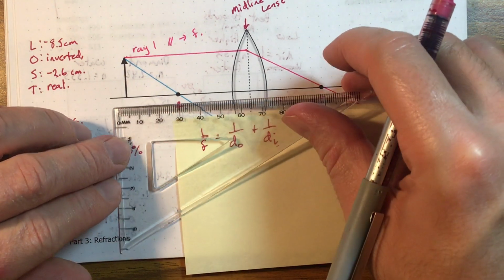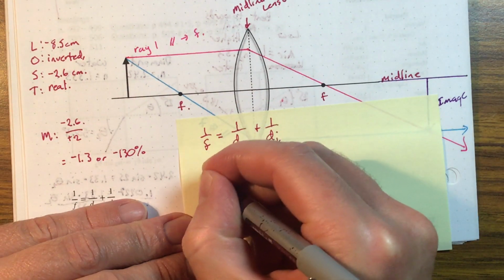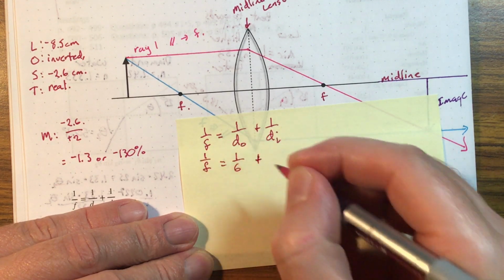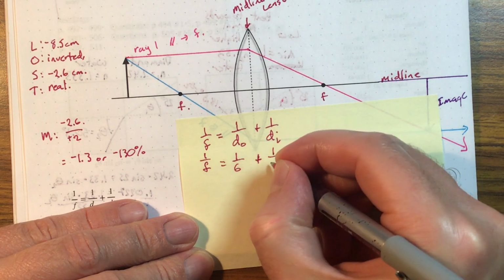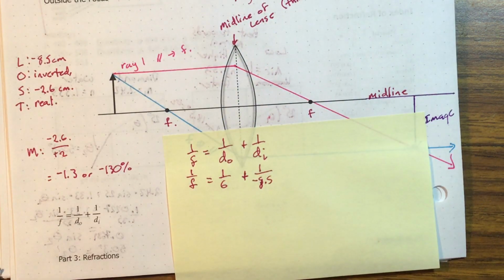My object is 6 centimeters away, so 1 over my focal length is equal to 1 over 6 plus 1 over negative 8.5. See if this works out. Gets us something close.